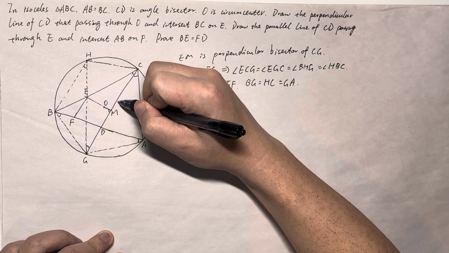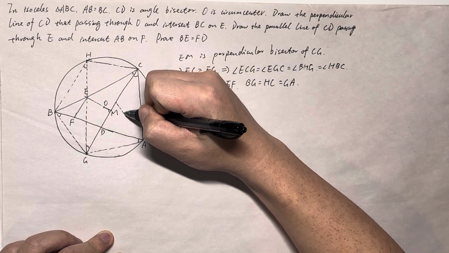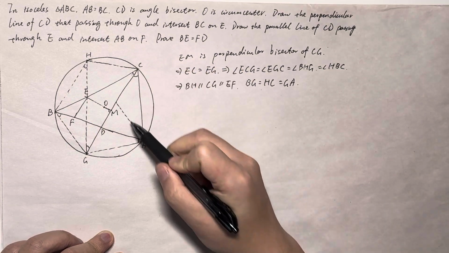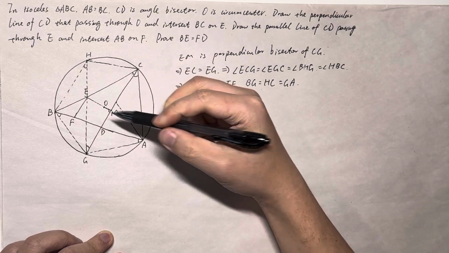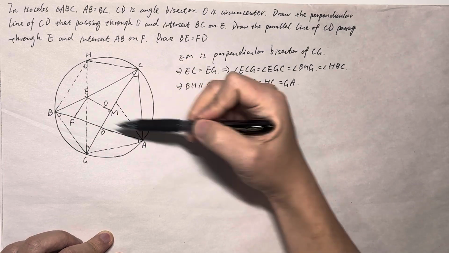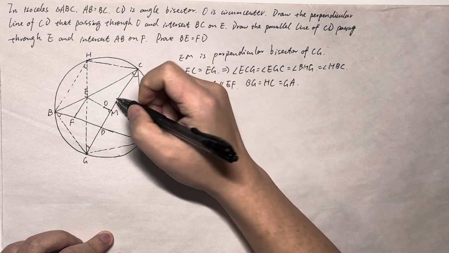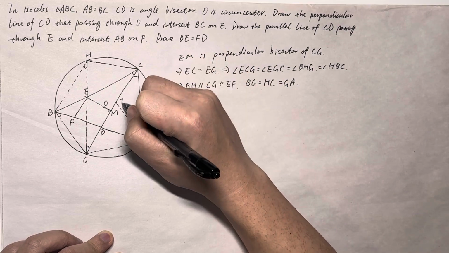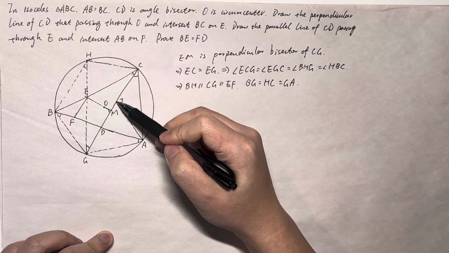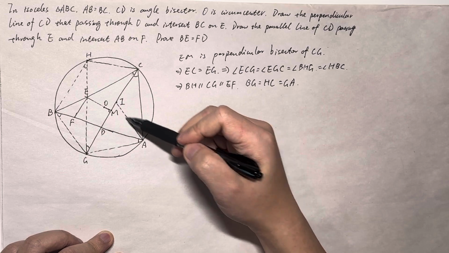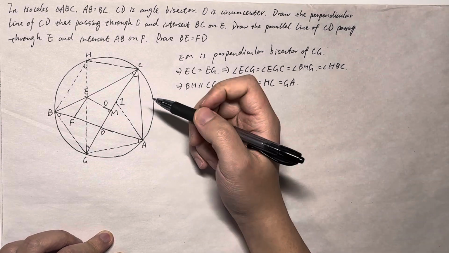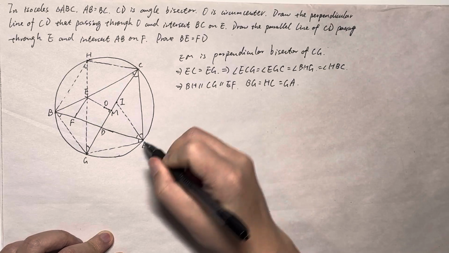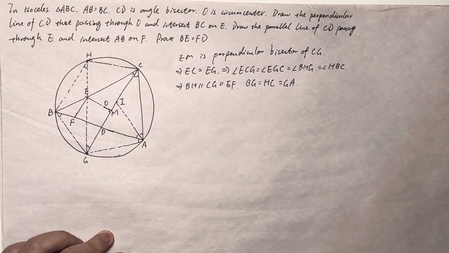Let's draw the angle bisector of angle BAC, which we call AI, because this point is the intersection of two angle bisectors. So we know that all these angles are equal.